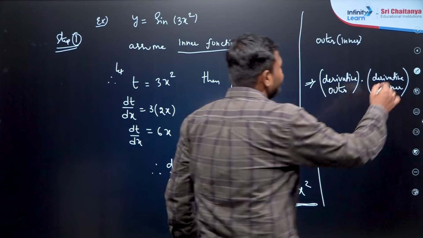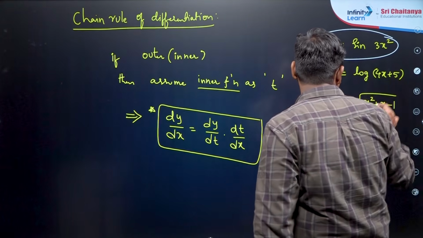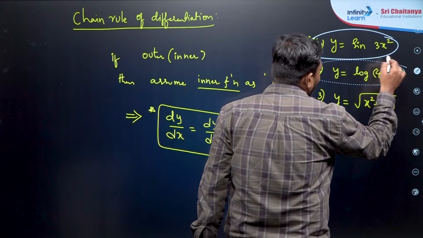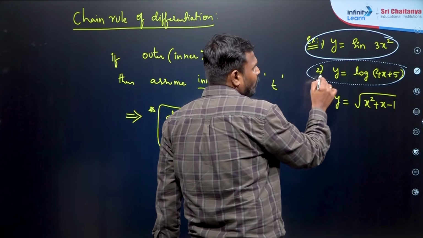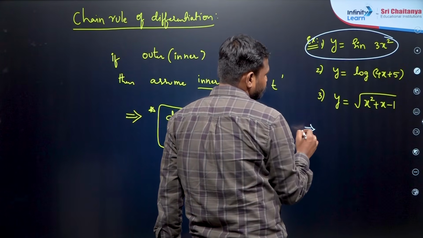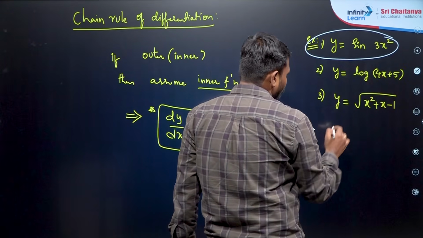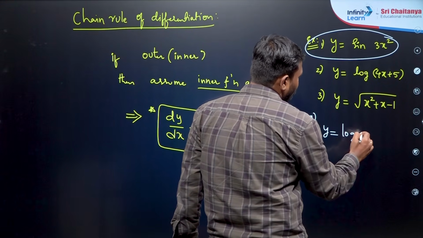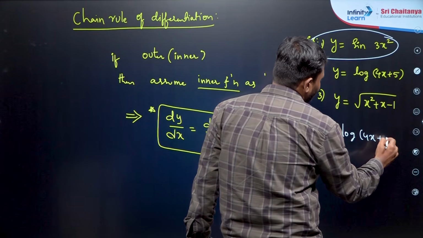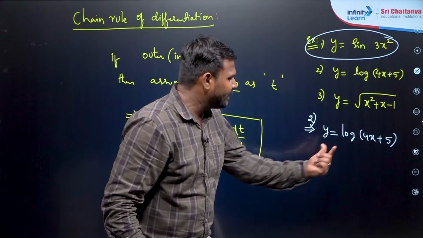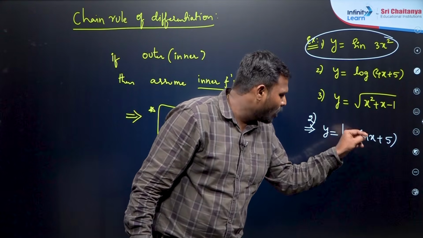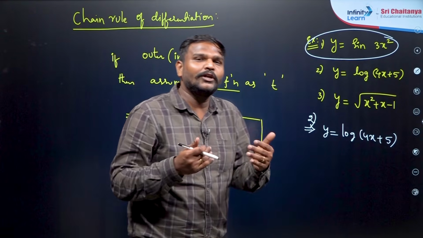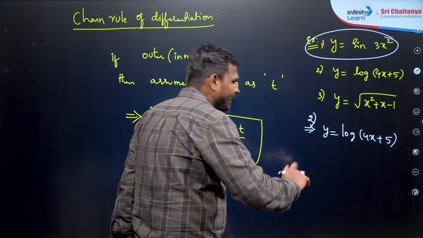We can do the previous question as well. You can see log of something. Log of something, sir. So y is equal to log 4x plus 5. So obviously, we will take inner function as t, log t. So what is the derivative of log t? 1 by t.